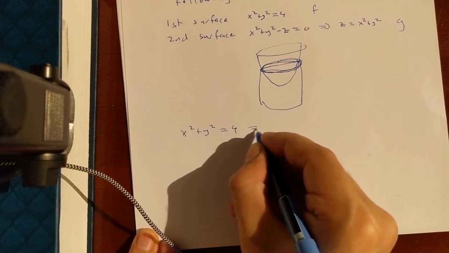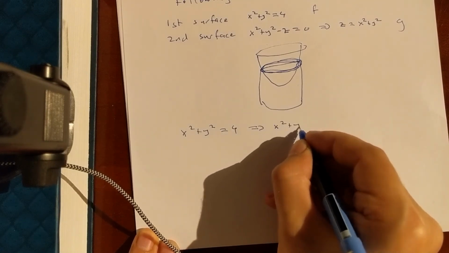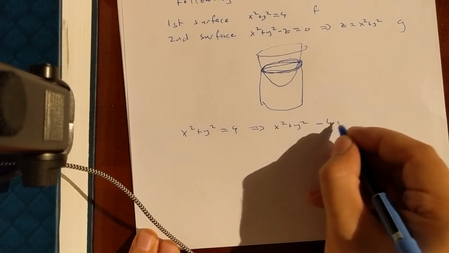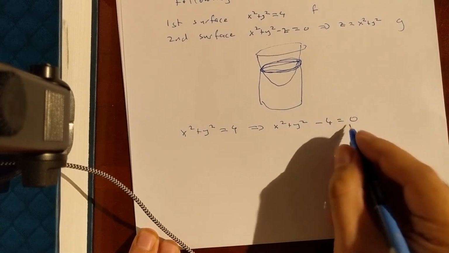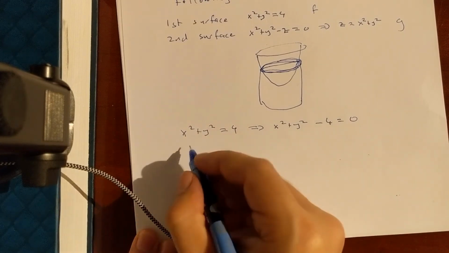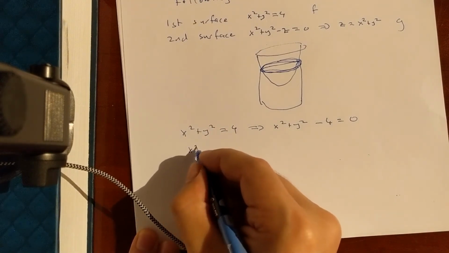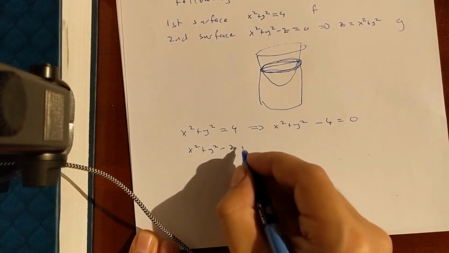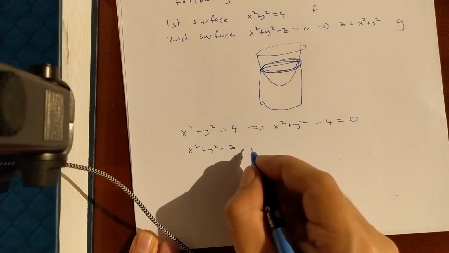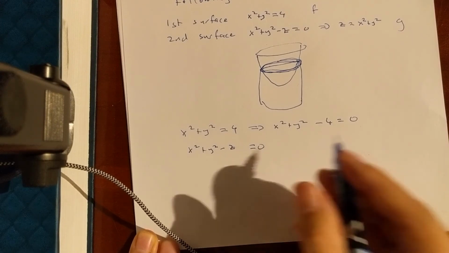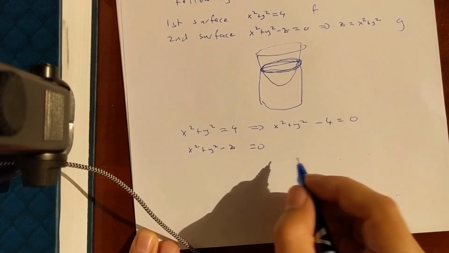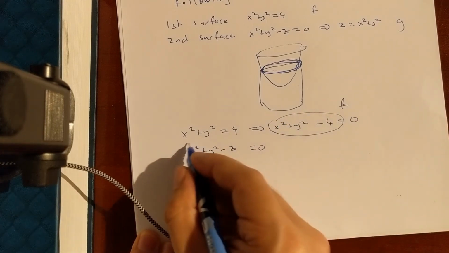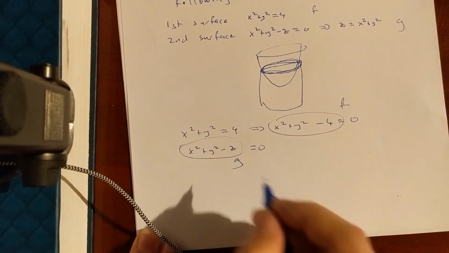We're going to write this as x squared plus y squared minus 4 equals 0. So we see this as a level surface. And this guy, x squared plus y squared minus z equals 0, is going to stay by itself. I'm going to call this one f and this one g.